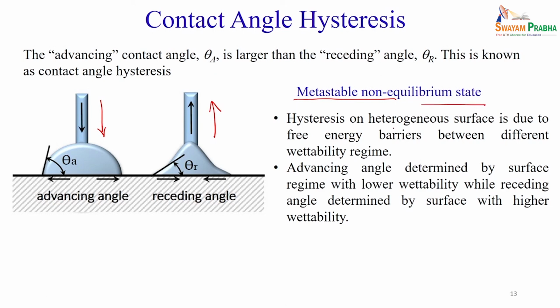And this hysteresis on a heterogeneous surface is due to the free energy barrier between the different wettability regions. So this may be one option, that here and here we are not going to have the same free energy. The advancing angle is determined by the surface region with lower wettability, while the receding angle is determined by the surface with the higher wettability.